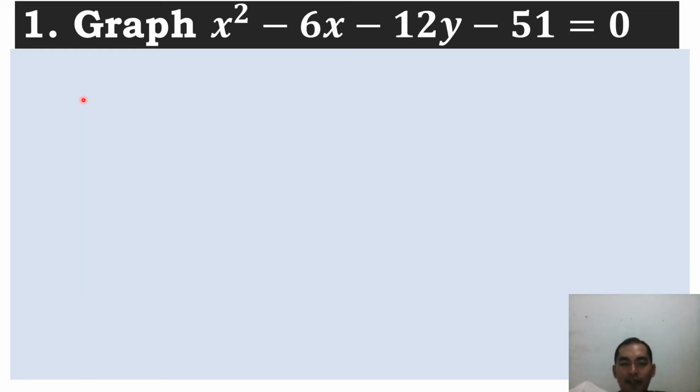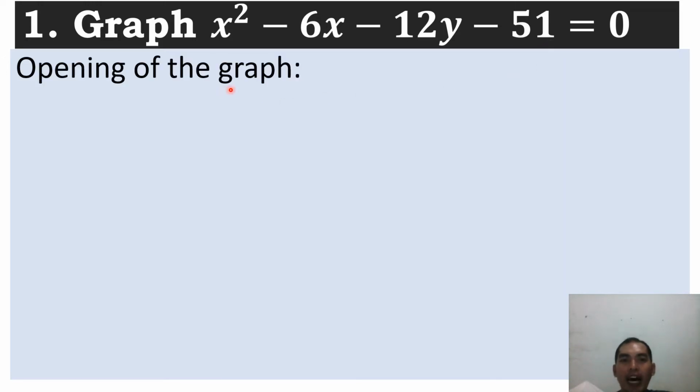Okay, example number 1. How to graph x squared minus 6x minus 12y minus 51 equals 0. First step is to determine the opening of the graph. How to get the opening of the graph is your reference is the leading variable and the term opposite to the leading variable.